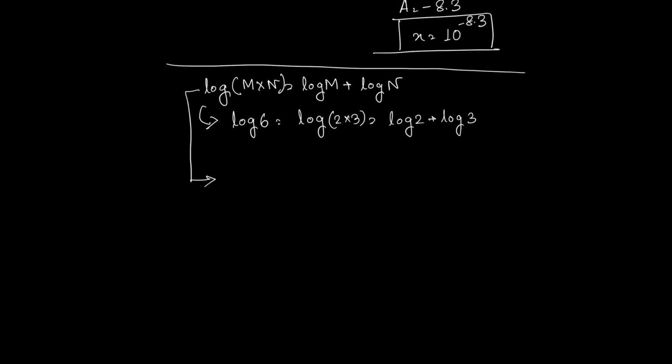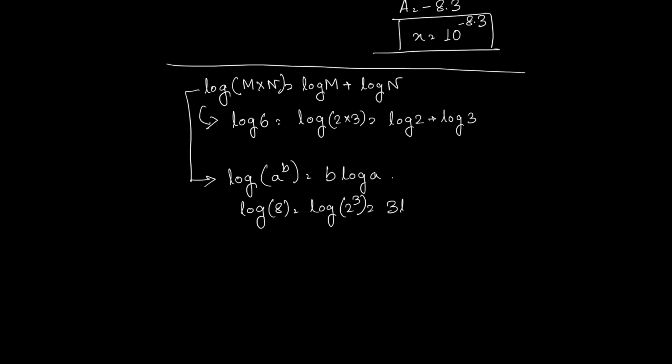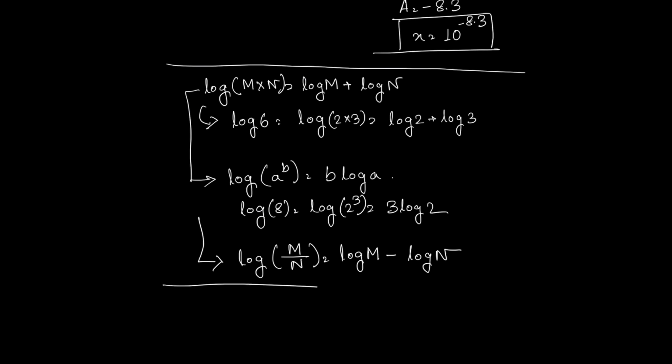Similarly, log a to the power b would be b log a, just like log 8 would be log 2 cubed, that is 3 log 2. Another formula is that log of m by n would be log m minus log n. I hope that is clear.